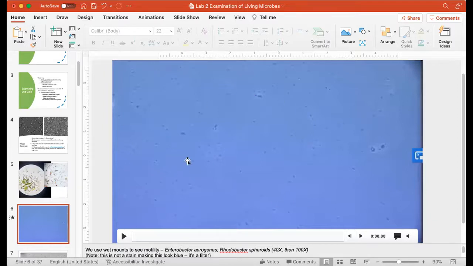So the reason that this looks blue is not because it's stained. I know that's confusing, but this is actually a freshwater sample. And in order to take the video, what they did was they used a filter. If you remember when you were learning about the microscope from our little tutorial handout, we said that on the substage assembly, where the diaphragm and the condenser are, there's also a place to put filter discs.